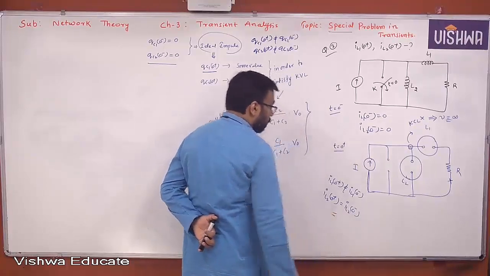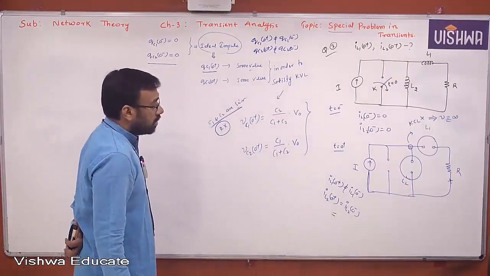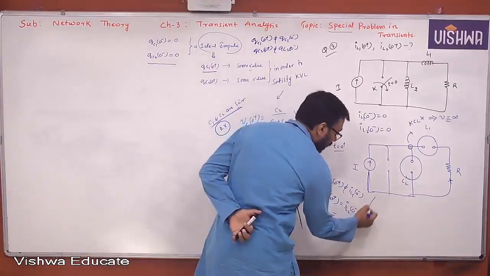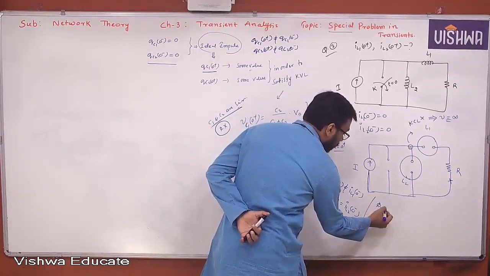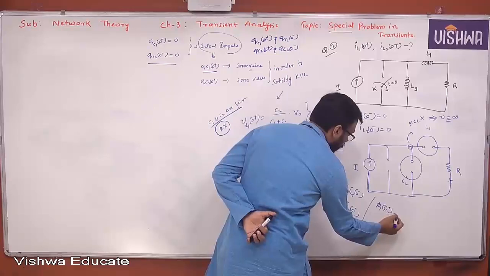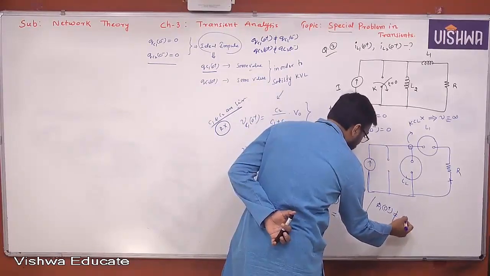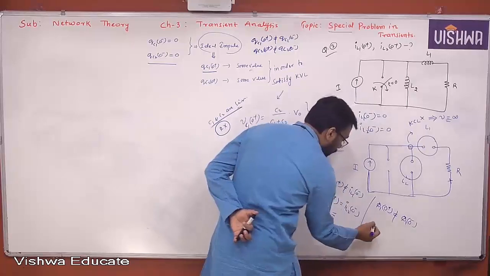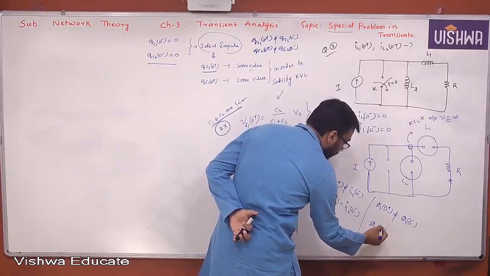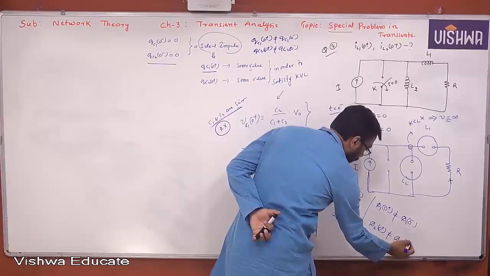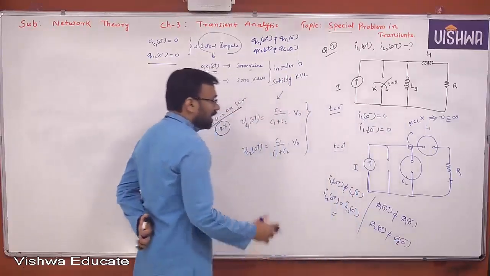Now, when current may change instantaneously, the same thing you can apply even to flux linking with the first coil, which may also change instantaneously. Then phi 2 of 0 plus is not equal to phi 2 of 0 minus. That's it.